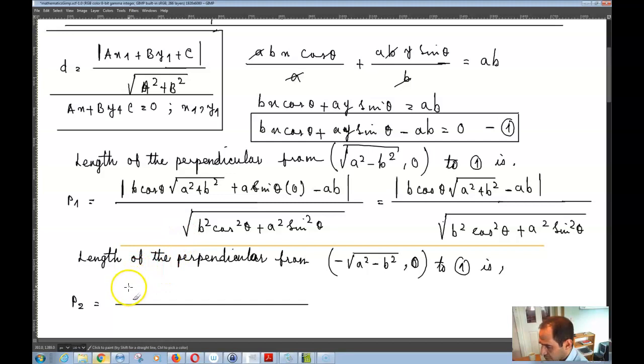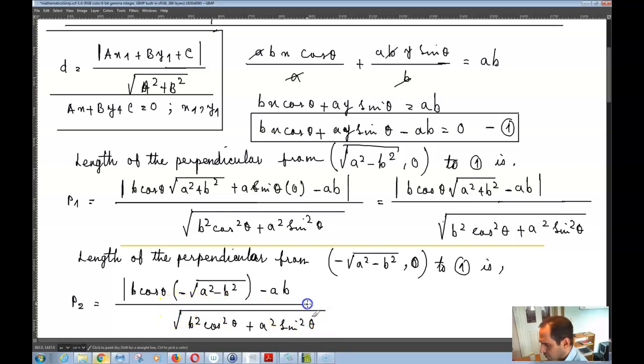So you can write this as the absolute value of b cos theta times negative of the square root of a squared minus b squared plus ab, or it has to be negative ab, so you can write it as negative ab over the square root of b squared cos squared theta plus a squared sine squared theta.